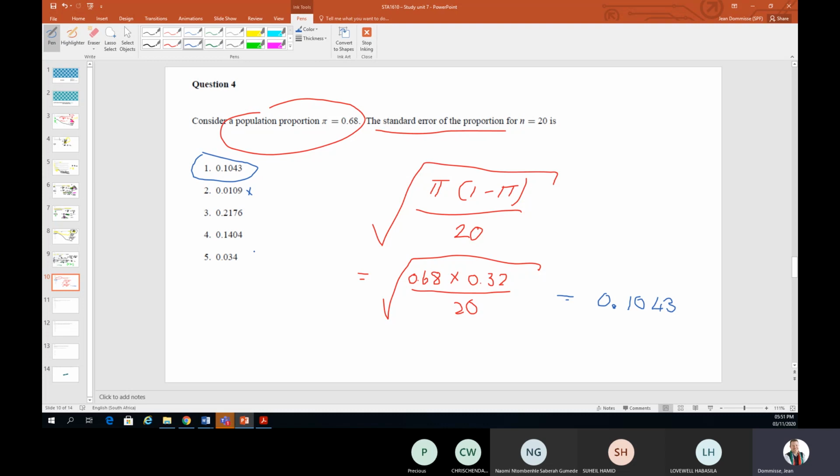So again, and if, okay, so let's make it a bit more scary. So if I say 0.68 times 0.32, I would have gotten 0.2196 divided by the 20 gives me that, and if I square root that, it gives me my final answer.